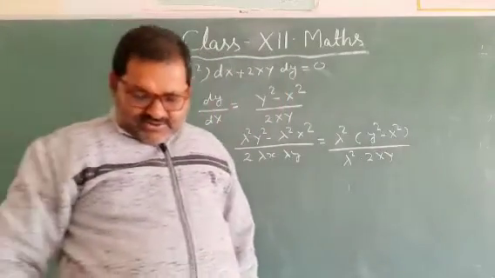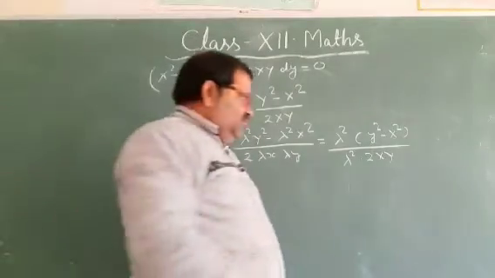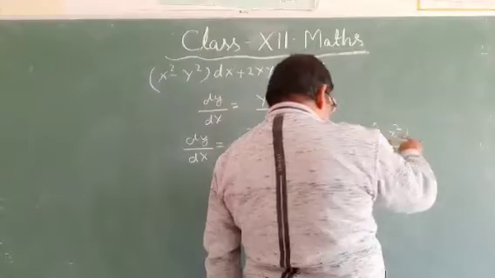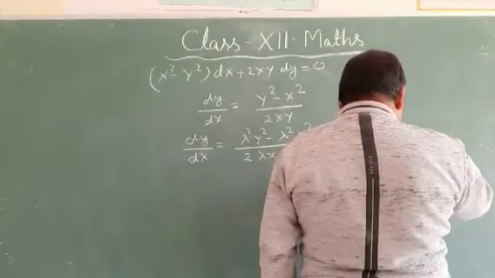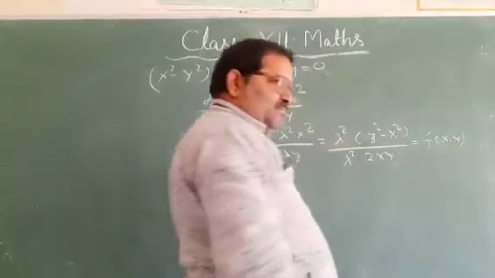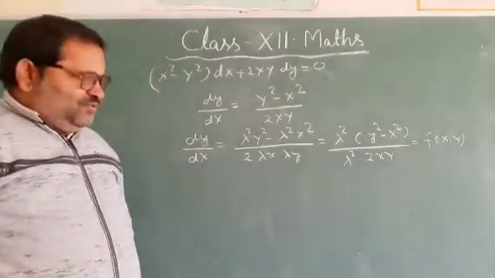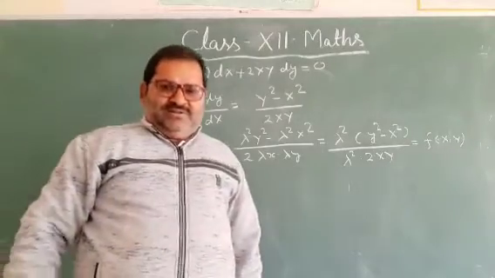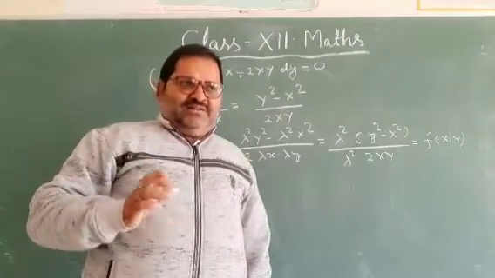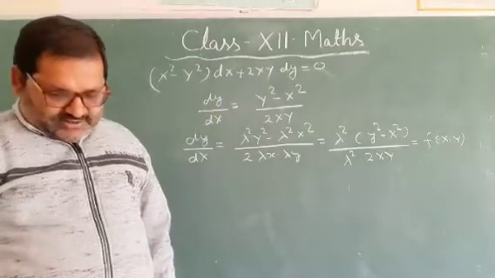So the lambda cancels and we get f(x, y). This verifies that the function is a homogeneous function.